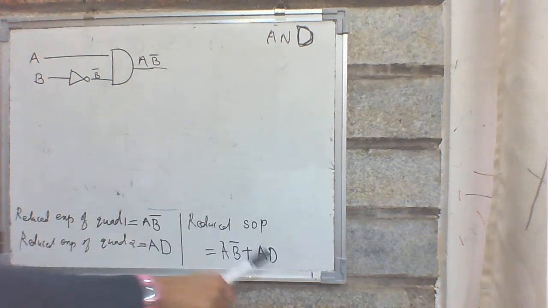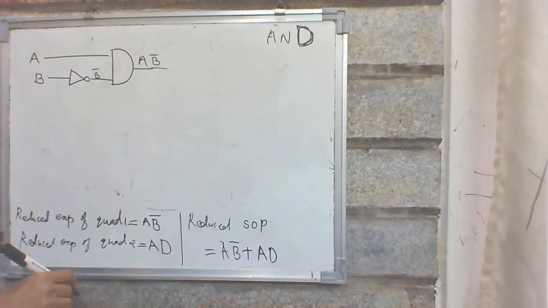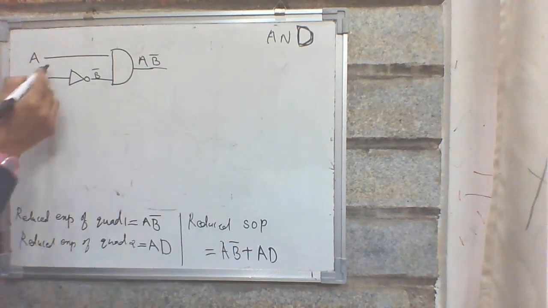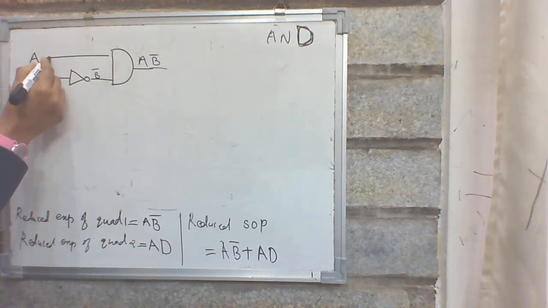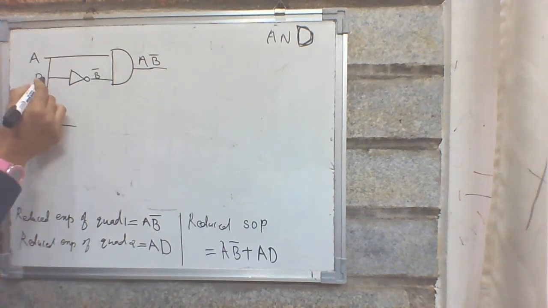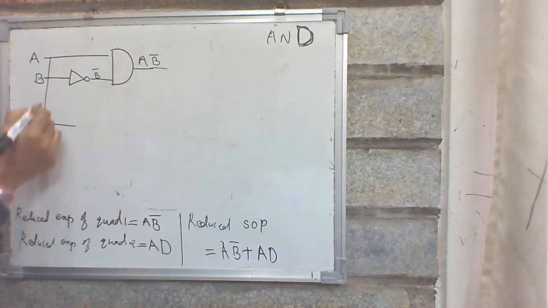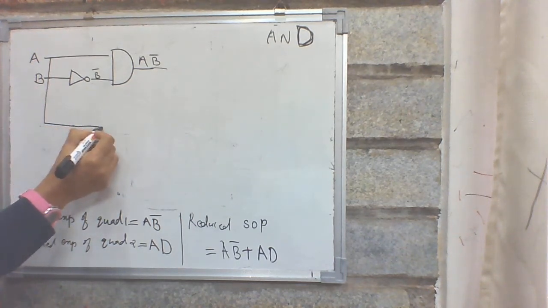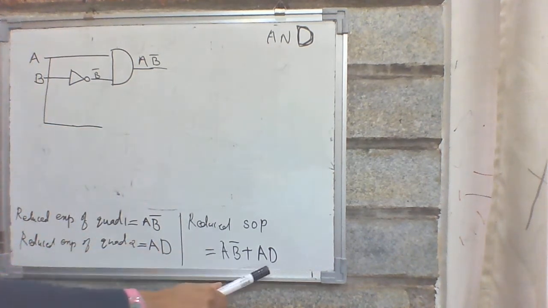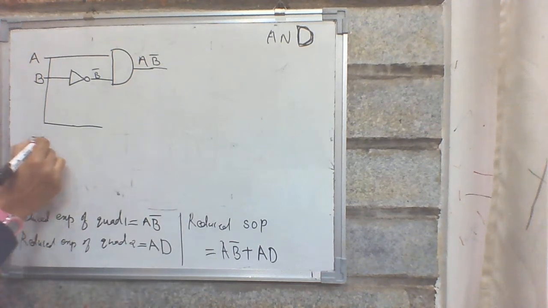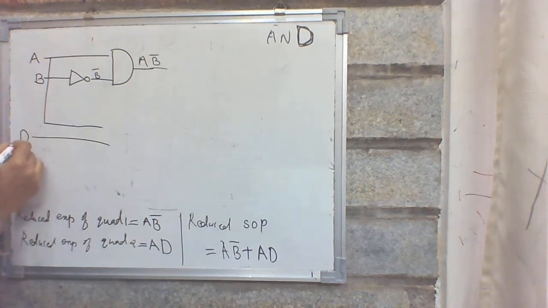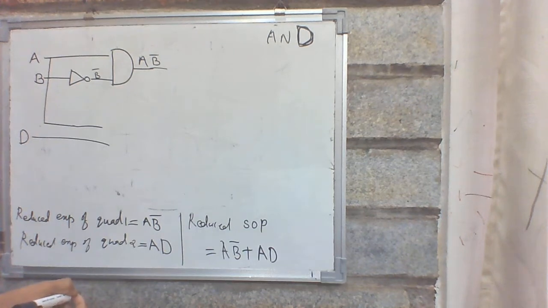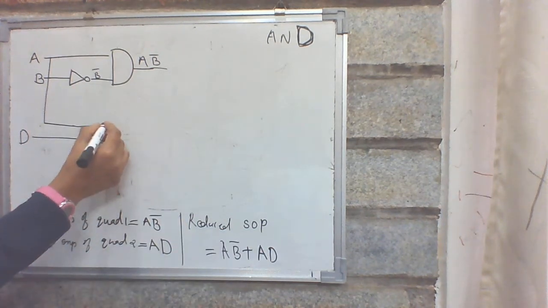What is the next term? AD. A is already there. See, here A is there. So we can take that A from there. Okay. We can take that A from here. Next variable is D. D we need to draw. Okay. Then for representing AD, which is the gate?